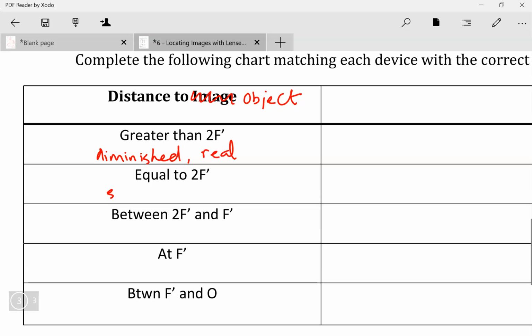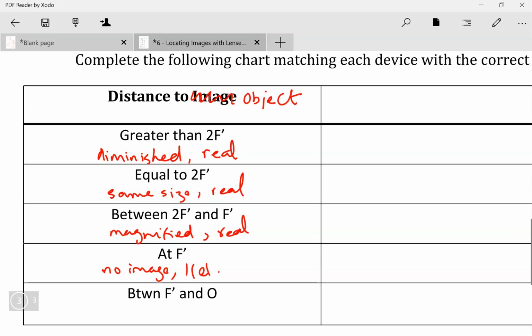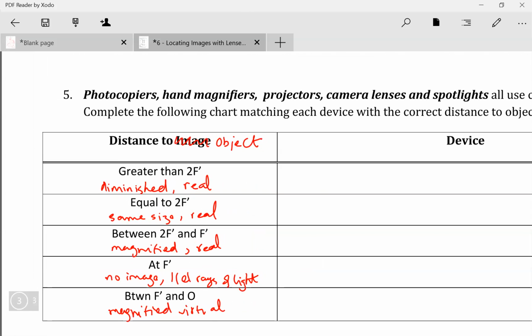Equal to 2f, we produce a same size real image. Between 2f and f, we produce a magnified real image. At f, no image, but we produce parallel rays of light. Between f and O, we have a magnified virtual image, right? So based on these characteristics, we're going to try and see which one would work where.